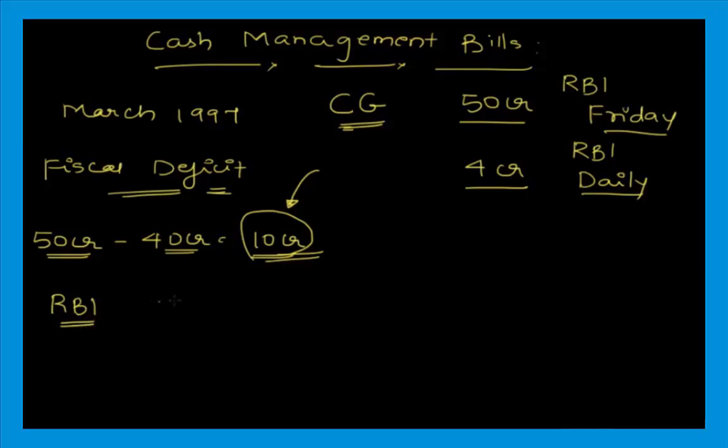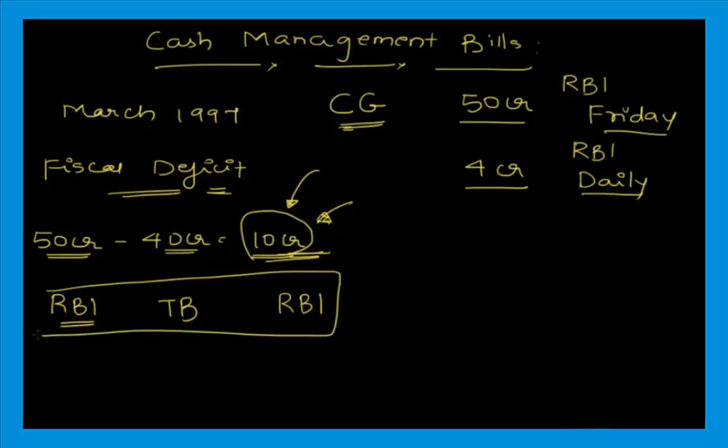RBI will issue a treasury bill to itself for the remaining amount, which is 10 crore rupees, and that 10 crore rupees was put into this account to maintain the balance. This method of RBI issuing treasury bills to itself to maintain the fiscal deficit account was called the ad hoc treasury bill.